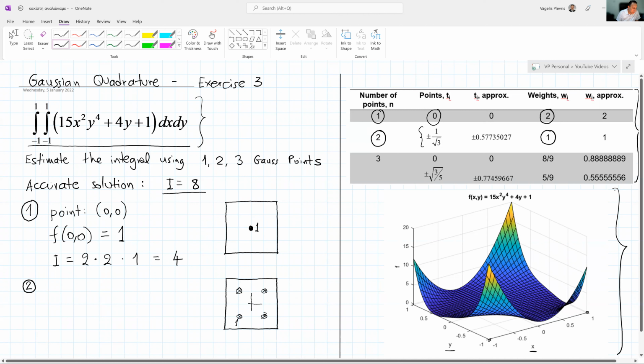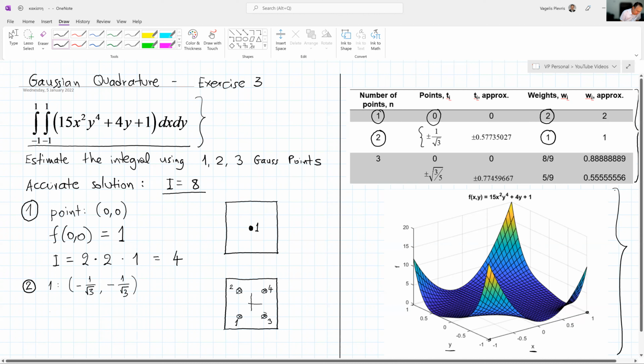These are the 4 points that I will use now for my approximation. For example, point 1 lies at -1 over square root of 3 for x and -1 over square root of 3 for y.